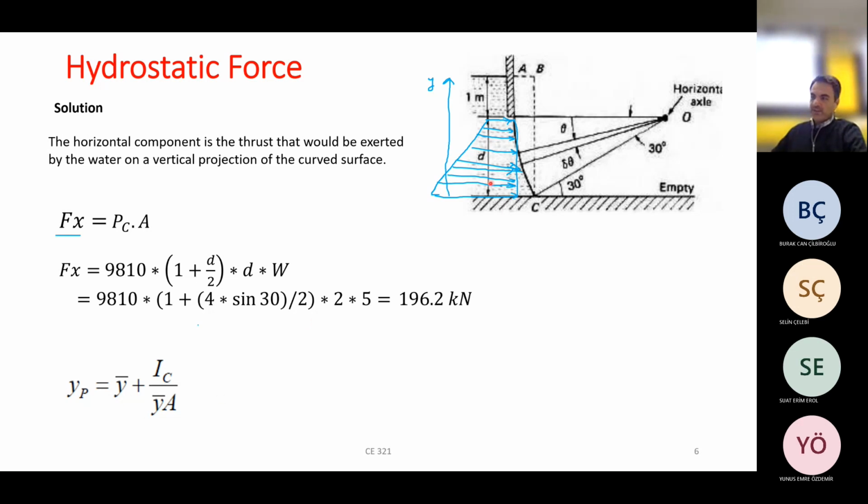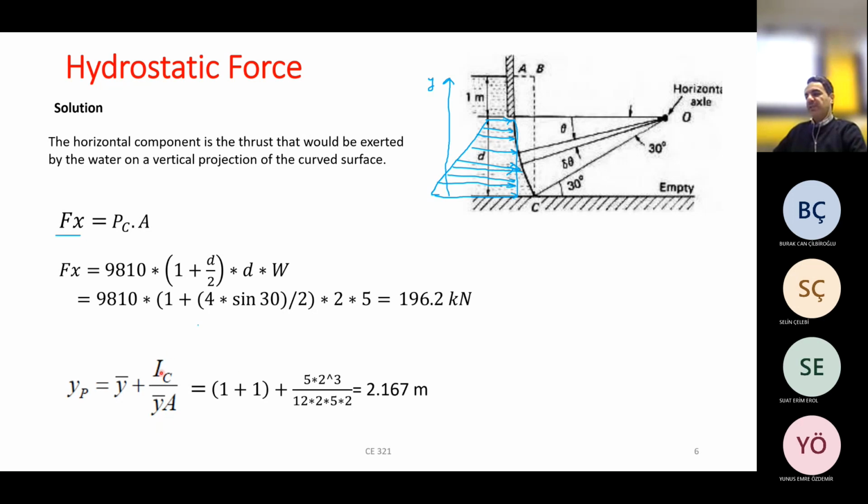For the pressure center, you know that we can use this formula: equals the centroid plus the moment of inertia divided by y bar A. Y bar is again the centroid. A is the area of this imaginary surface.